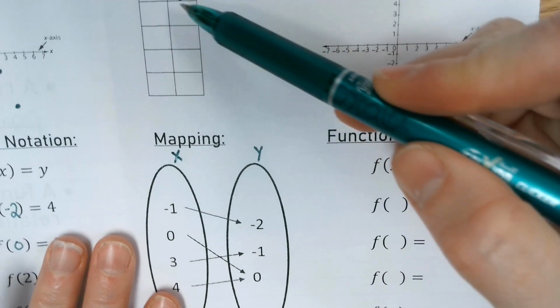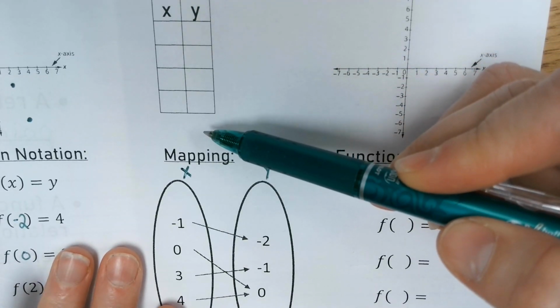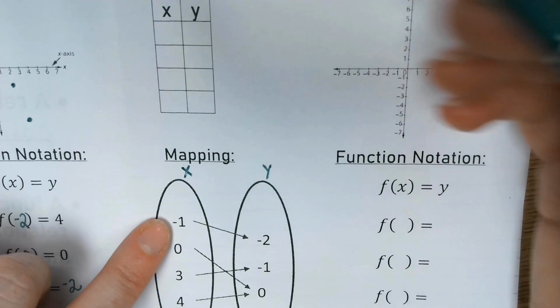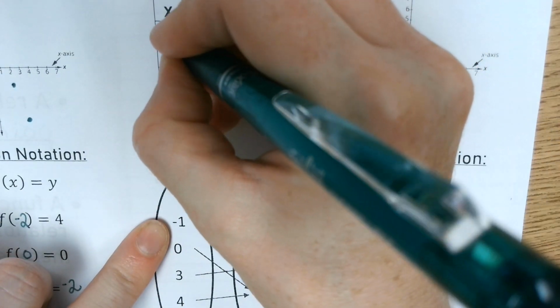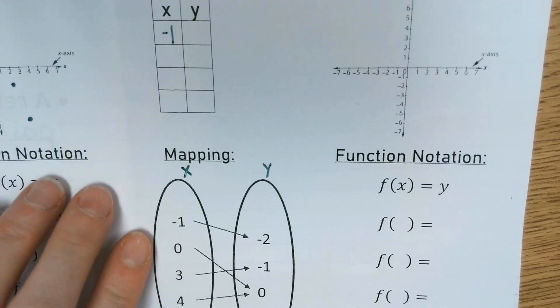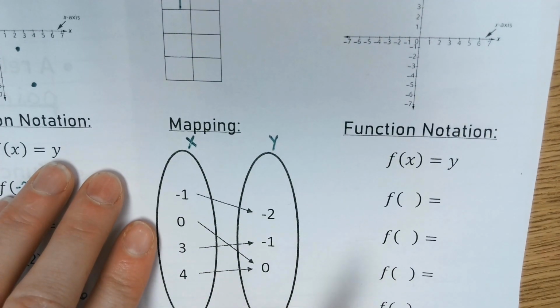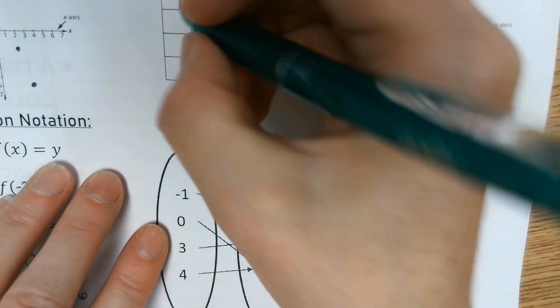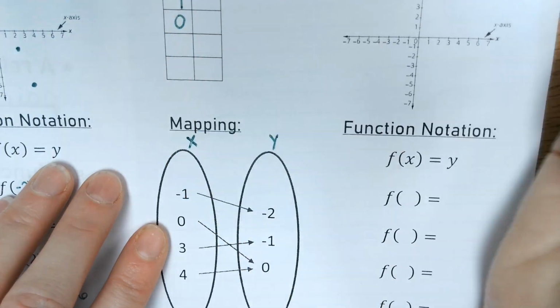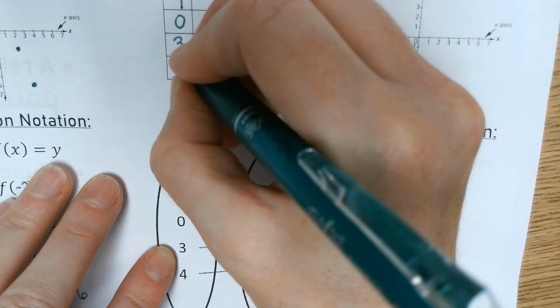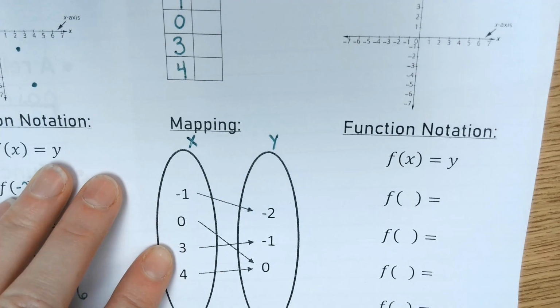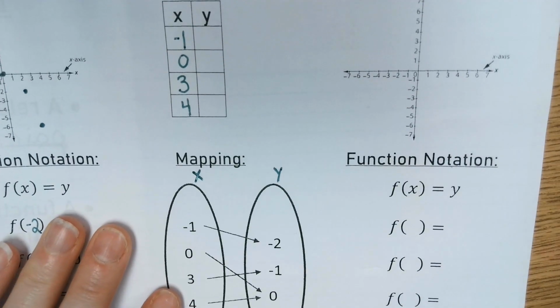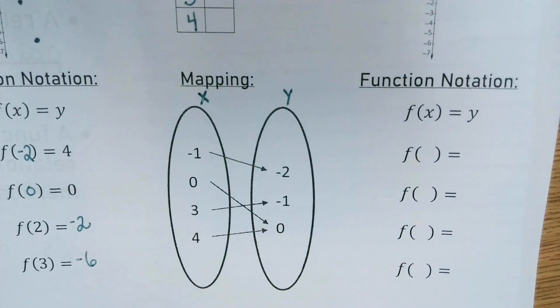So let's list all the x's here in order from least to greatest. -1 is the smallest x because the mapping goes in order from least to greatest. Then 0. I'm doing all the x's first. 3 and then 4. And then we need our y's.